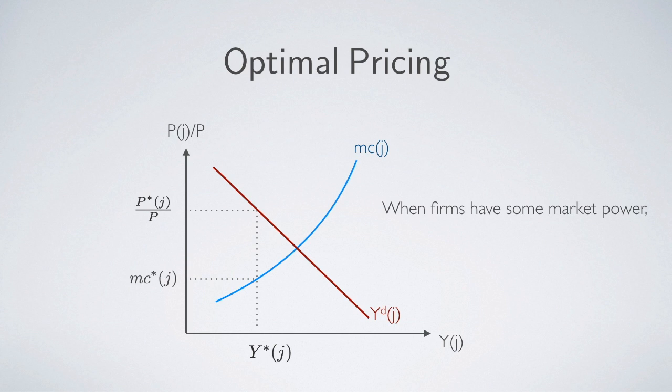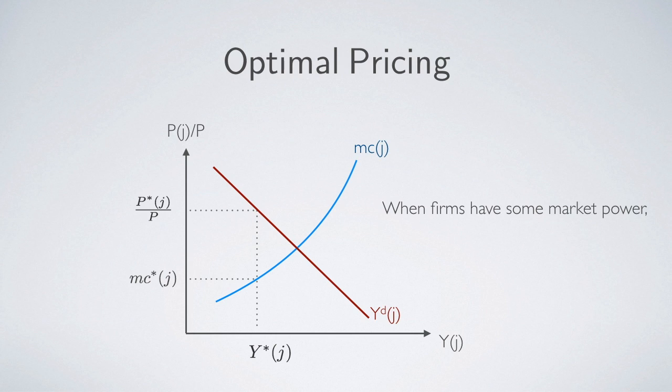But the key point I want to point out here is that under an imperfect competition market structure, the firm would have some market power, which would make the firm charge a price P star over P. Under that price, the output quantity Y star would give us a real marginal cost that is lower than the price.